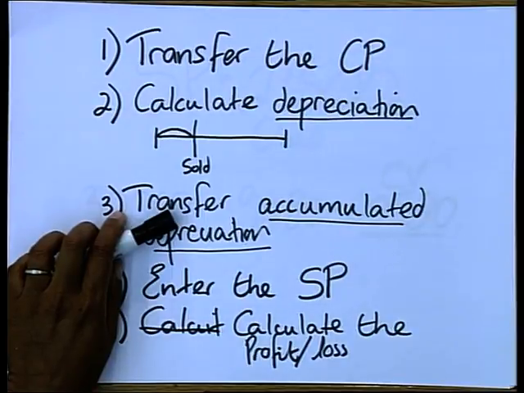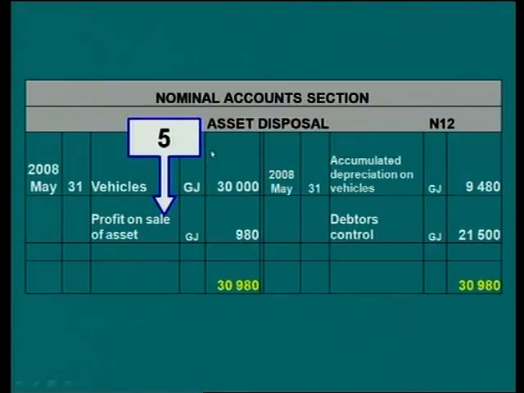The 30,000 was step number 1, transfer the cost price. Step number 2 isn't really that. That is step number 3, but in order to get to step number 3, learners, we had to do step number 2, which is calculate that little portion from the beginning of the year to when we sold the asset.